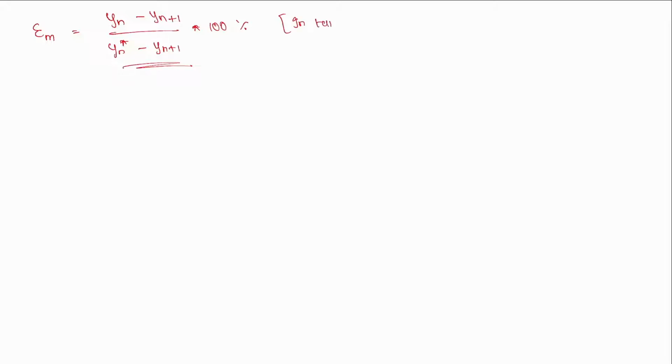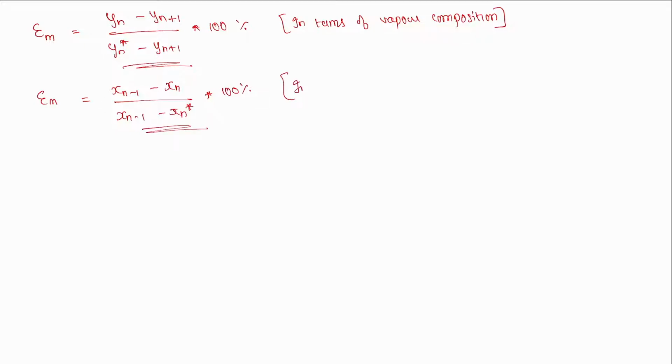This is the equation for Murphy efficiency in terms of the change in composition in the vapor phase. Similarly, in terms of liquid composition it is Xn minus 1 minus Xn over Xn minus 1 minus Xn star, times 100%.